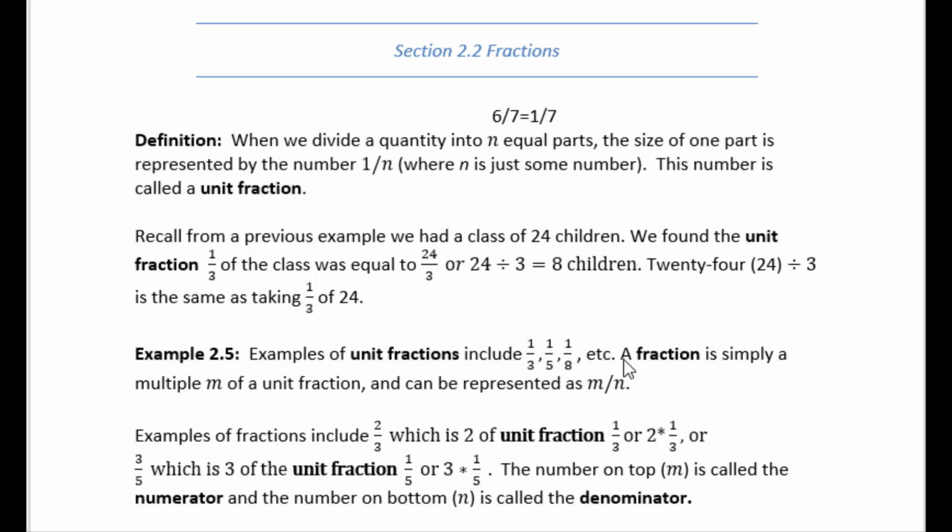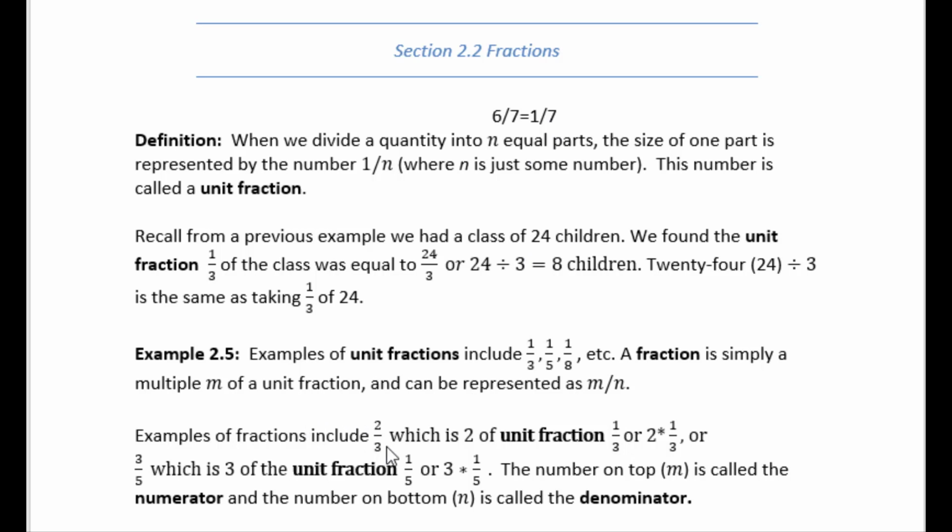A fraction is simply a multiple m of a unit fraction and can be represented as m divided by n. In other words, 6/7 up here is just simply 6 of these unit fractions 1/7.